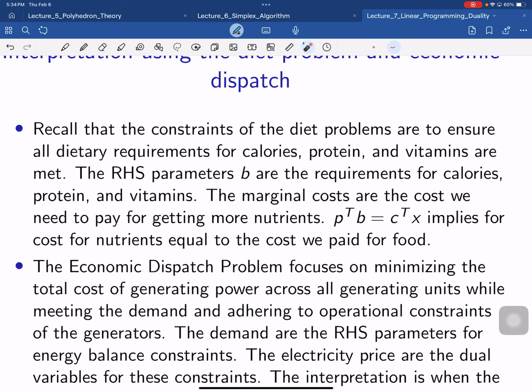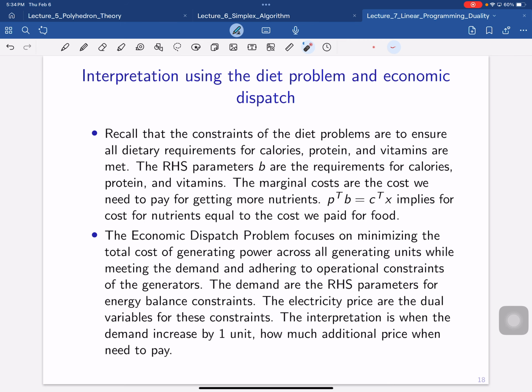And then the dual variable means how much additional cost you are going to pay if you perturb the demand a little bit. Similar to the nutrient problem, how much additional cost you are going to pay in order to get more calories. That's the money you pay for calories. So this is called the economic dispatch problem. That is when LP is really used for solving industry scale problems.